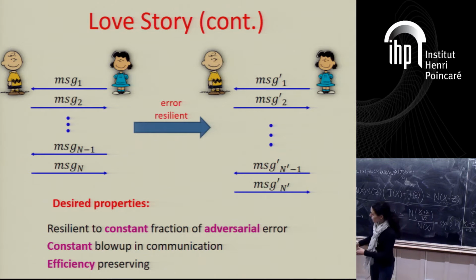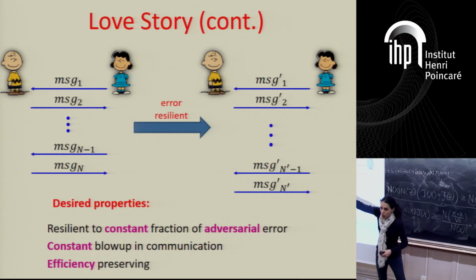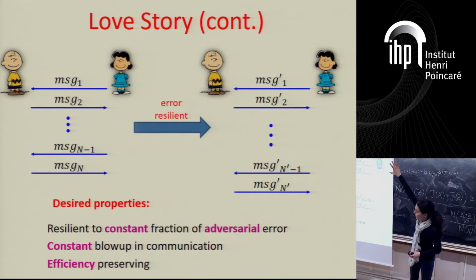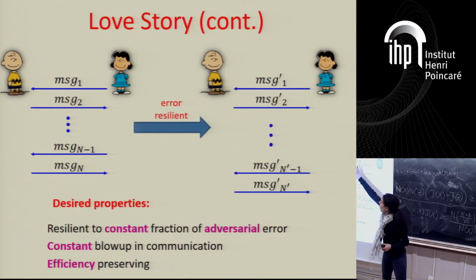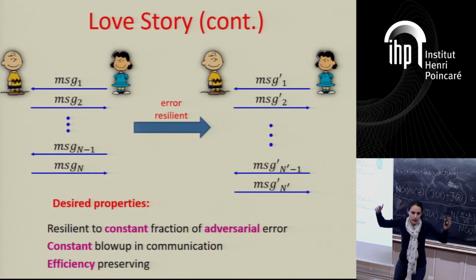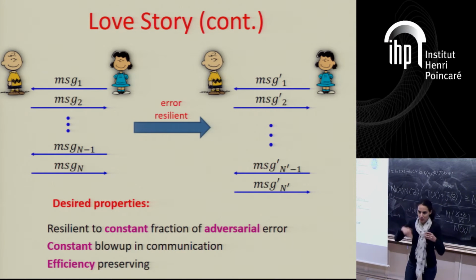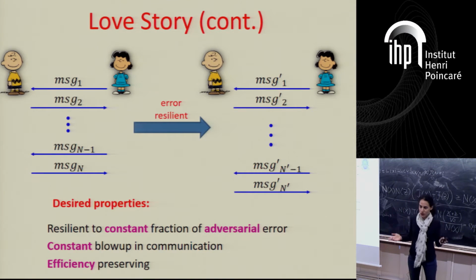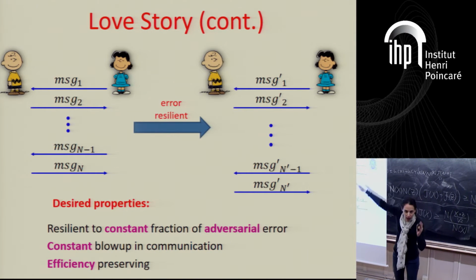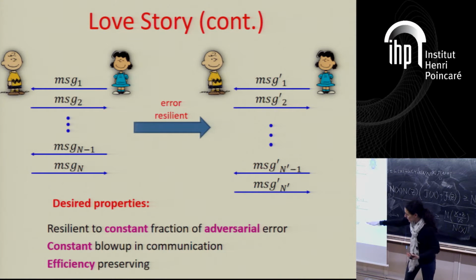These are the desired properties. We want to take any protocol and convert it into an error-resilient protocol that is resilient to a constant fraction of adversarial error. We don't know where the error happened. Maybe both these messages were completely lost because I went into some underground subway. It happened somewhere, but as long as it's only some small fraction, I want to be able to decode.